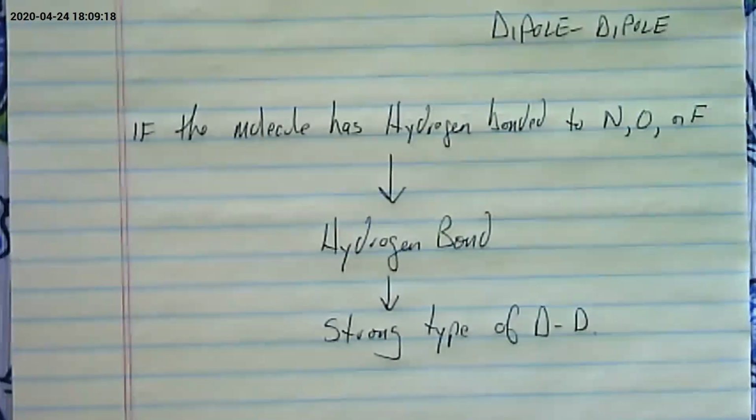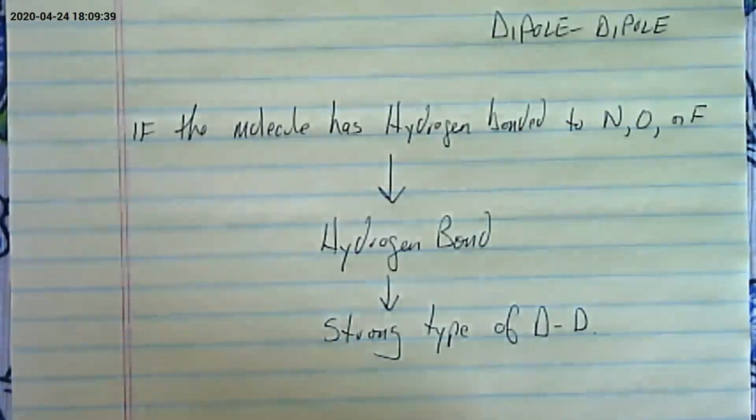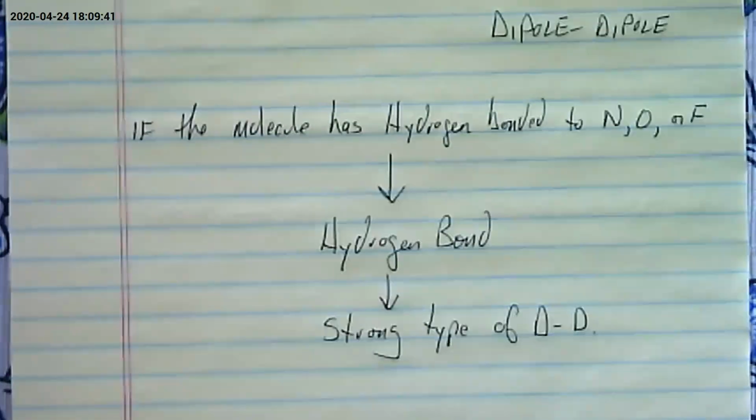A very strong type of dipole-dipole. It's not a different type of dipole-dipole. Okay, it's just strong. Like if I say, this is a girl and this is a boy, those are both types of humans. They're not different kinds of organisms. They're both humans, but they're just different.